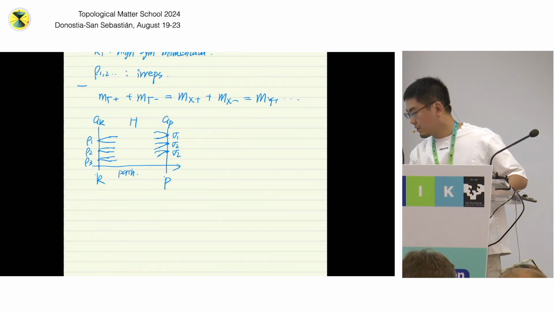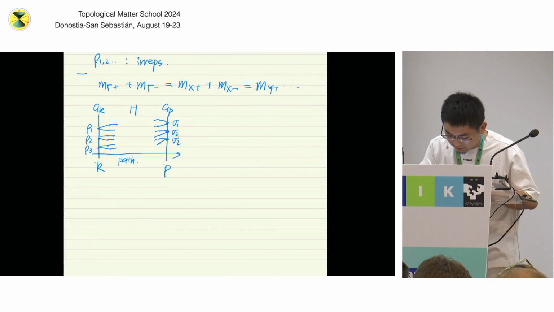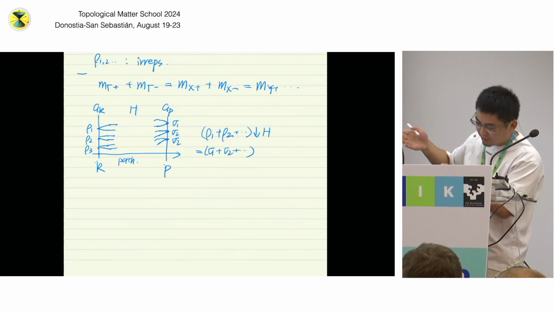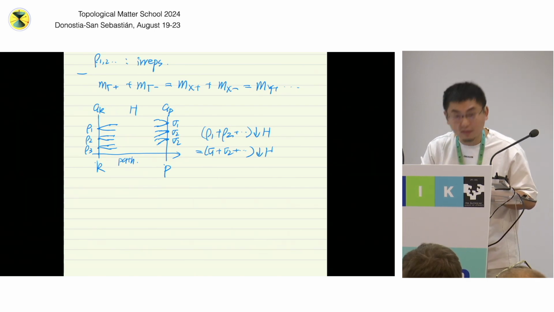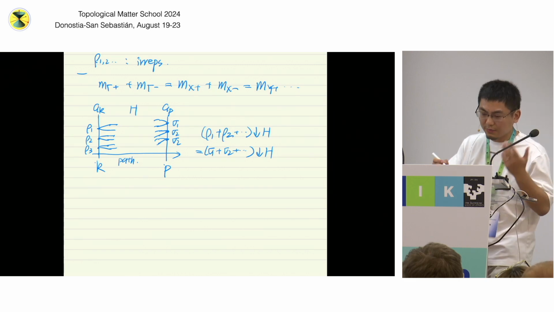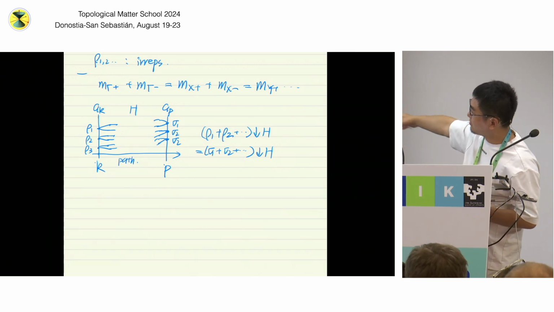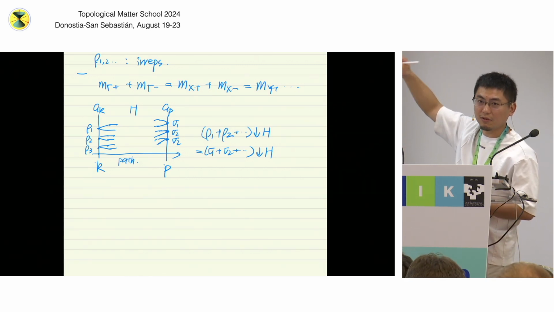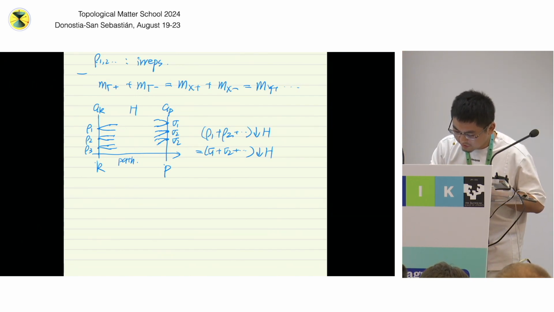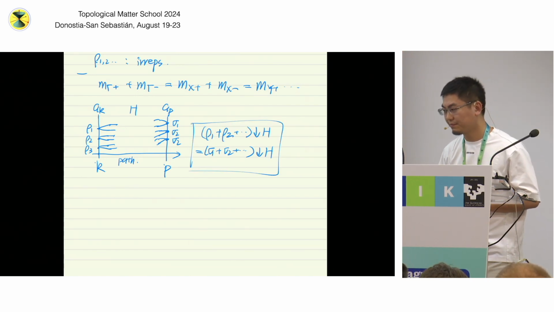That means they must follow this condition: ρ1 plus ρ2 reduced to H must equal σ1 plus σ2 plus all the occupied levels reduced to H. They must form the same set of irreducible representations. Otherwise, some band must cross the Fermi level and connect to the higher band, right?